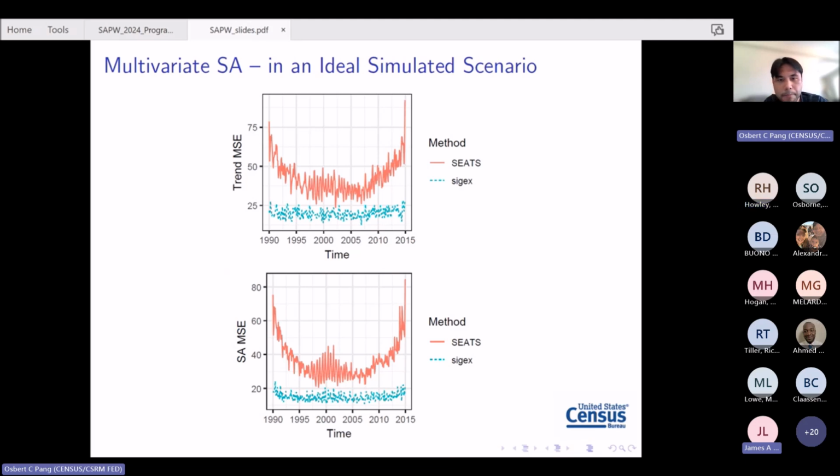We aggregate them up, and then we repeat the same, but we do it as a bivariate fit using a multivariate setting. And the idea is that it's possible, at least in an ideal simulated scenario, that you can do better using a bivariate fit on a series as opposed to a couple of univariate fits and then aggregating.